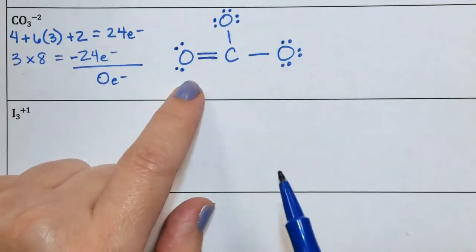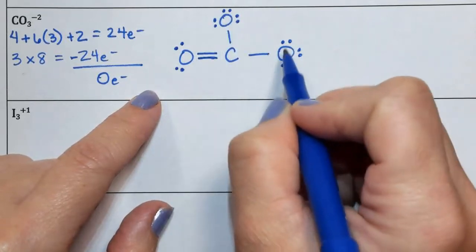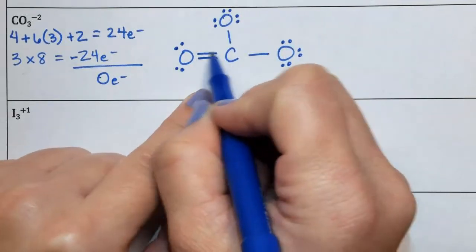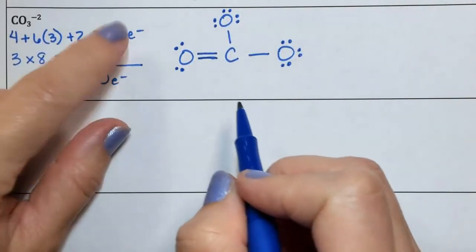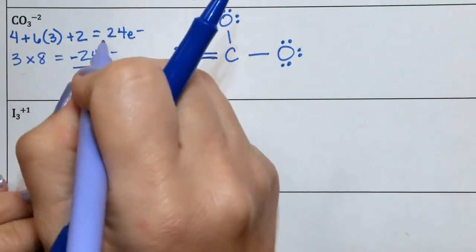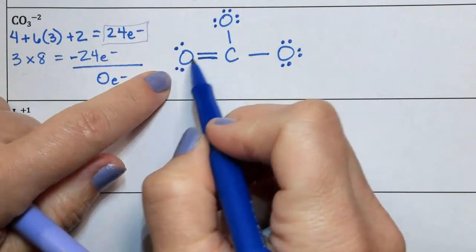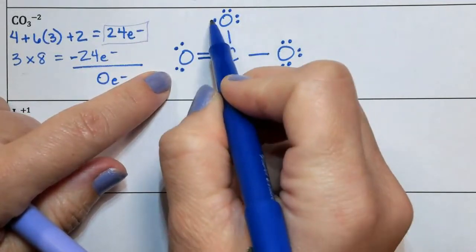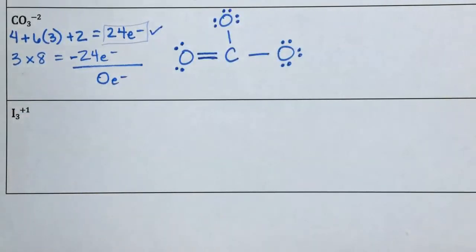Now everything should have an octet, and the carbon has 2, 4, 6, 8. Everything has octets. Now, do I have a total of 24 electrons in my drawing? We have 2, 4, 6, 8, 10, 12, 14, 16, 18, 20, 22, 24. We do have 24 electrons in the entire drawing.